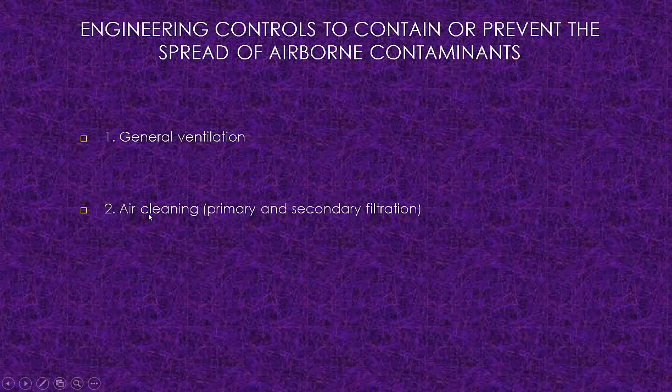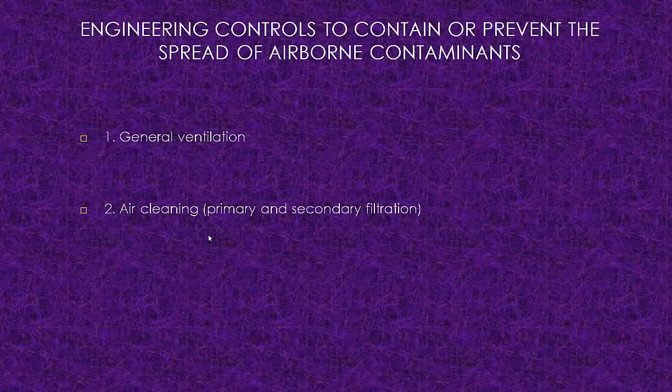The second is air cleaning, primary and secondary filtration. In filtration, we use different types of air filters that can clean the air. There are some filters that can clean dust and dust particles from the air.